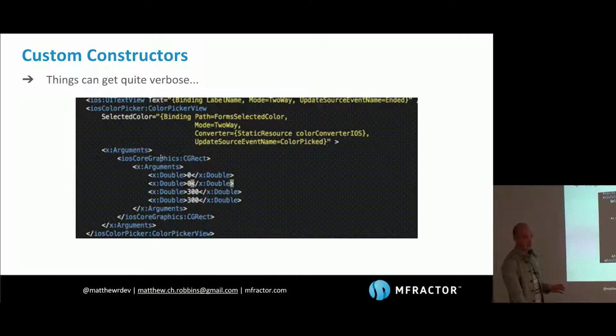CGRect has multiple constructors, so then you need to provide more x:Arguments into the CGRect constructor. So you end up with just a lot of XAML code just to import one external view.